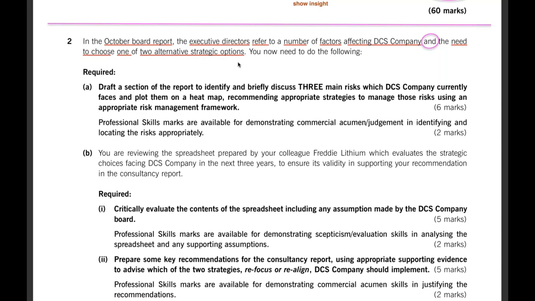So basically, these are the headline story for this particular requirement. So what you are supposed to be doing is you are supposed to draft a section of this particular report. Draft a section. It's not a full report, it's only a section.